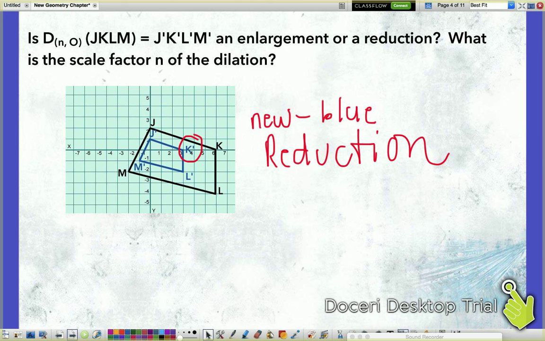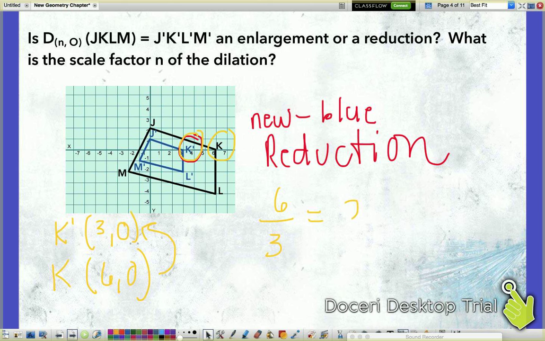Well, let's just pick a set of points and look at the coordinates. I'm going to pick K prime and K. K prime coordinates are 3, 0. K coordinates are 6, 0. So this is reducing to that by what factor? 6 to 3.